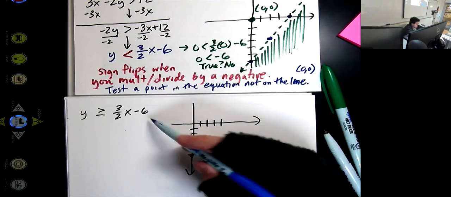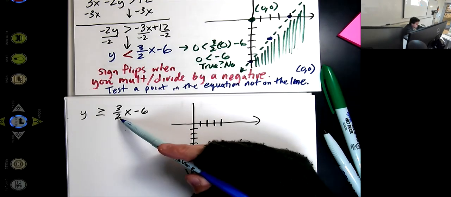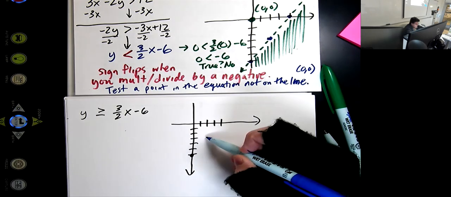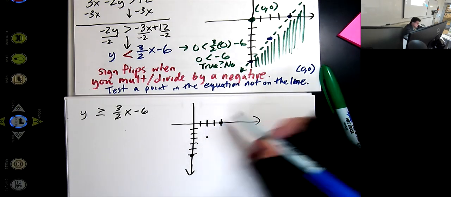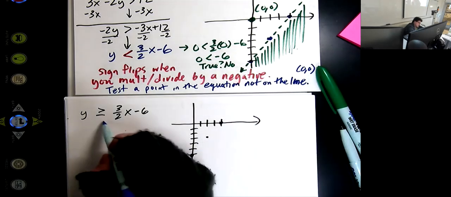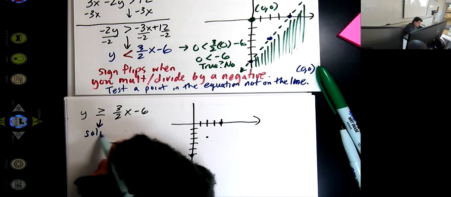I go down 6. I use the rise over run. I go up 3 over 2. Up 3 over 2. And now this has an equal portion, so I'm going to do a solid line.